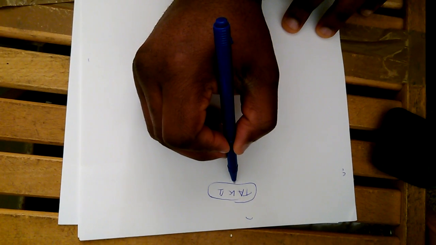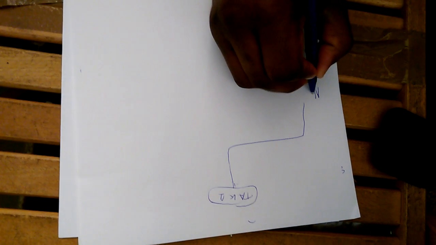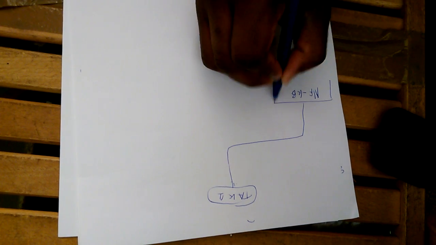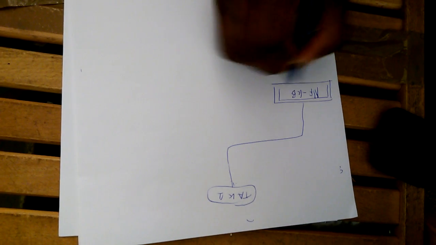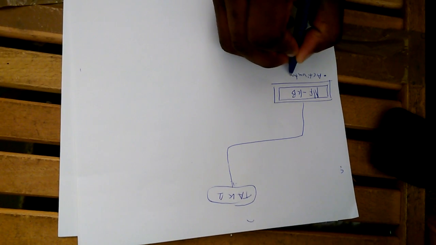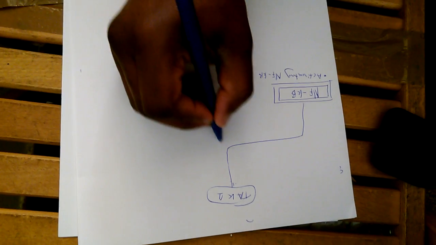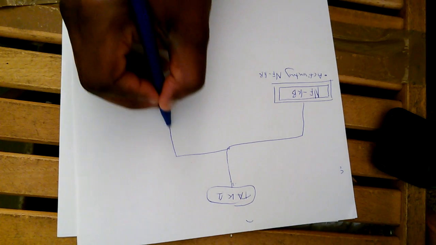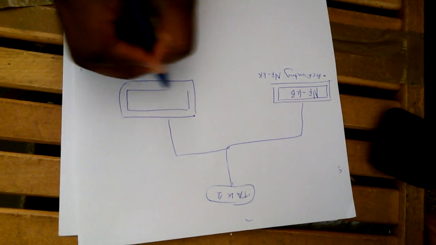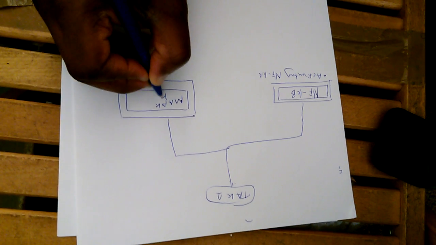it can go into two places. It can either go into the NF kappa B pathway, to activating NF kappa B, right? Or you can go into where? Or you can go into the MAP kinase pathway.